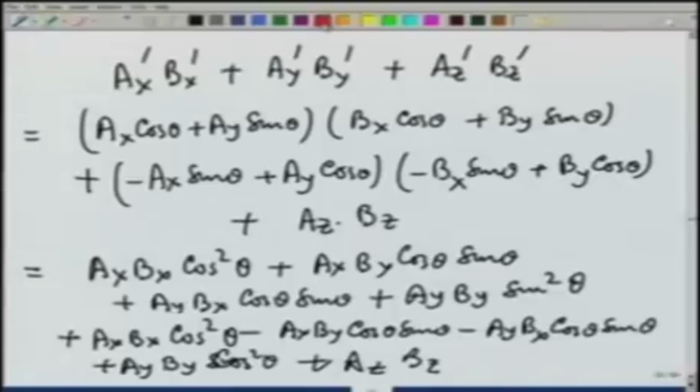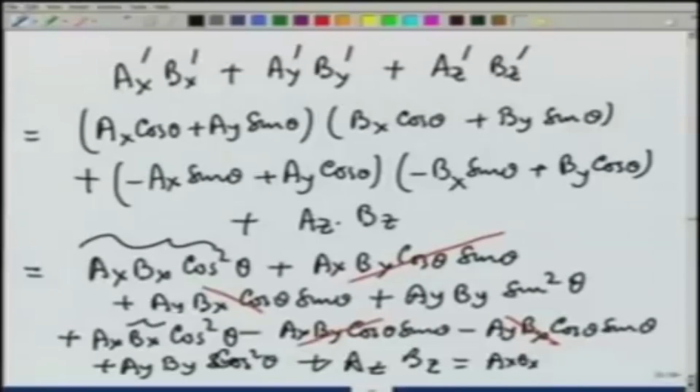Now, you see this term cancels with this term, and a_x b_x cosine square theta plus a_x b_x sin square theta gives me a_x b_x. Similarly, a_y b_y sin square theta plus a_y b_y cosine square theta gives me a_y b_y, plus the last term is a_z b_z.